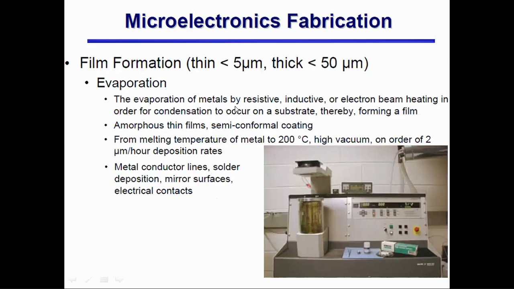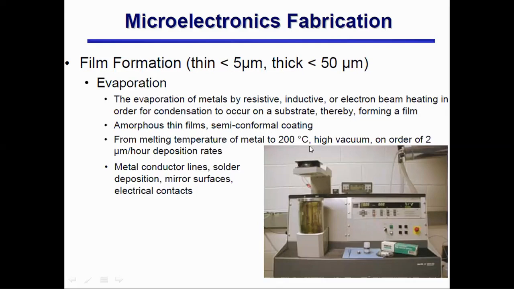The evaporation of metals by resistive, inductive, or electron beam heating in order for condensation to occur on a substrate, thereby forming a film. The film that would be formed would be amorphous, semi-conformal coating. The process ranges from the melting temperature of metals to 200 degrees centigrade.